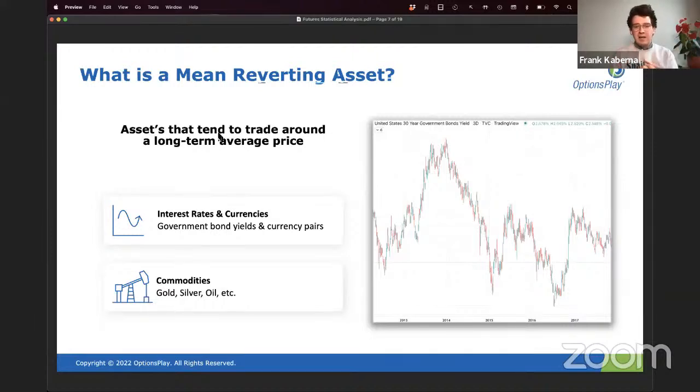We also have the 10-year note rate and the 2-year note rate as well. Prime products for an idea like mean reversion. Why is that? Well, right now, 30-year rates are at about 2.5%. Look at 5 years ago, around the same levels, 10 years ago, 20 years ago. This is an asset class that doesn't necessarily drift in one direction or the other.